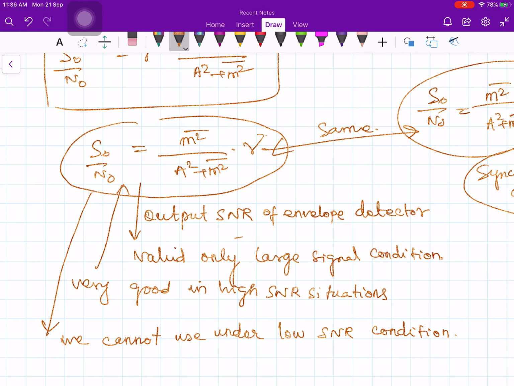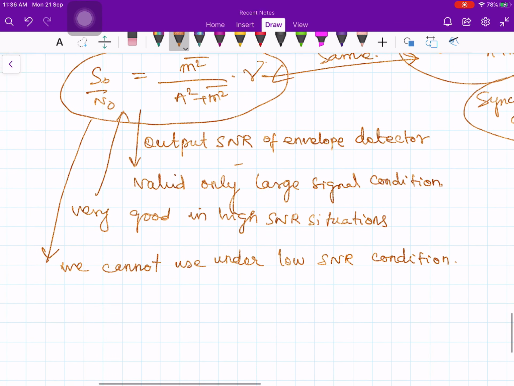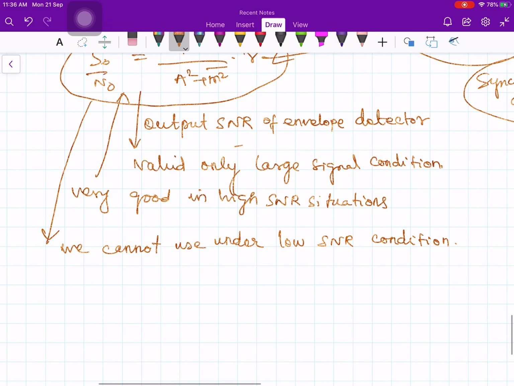So obviously it leads us to consider the second situation, that is large noise power, where the noise power is higher than the signal power. Again, the motivation is the same: you somehow simplify the envelope expression and then find out at what condition the envelope detector works nicely.